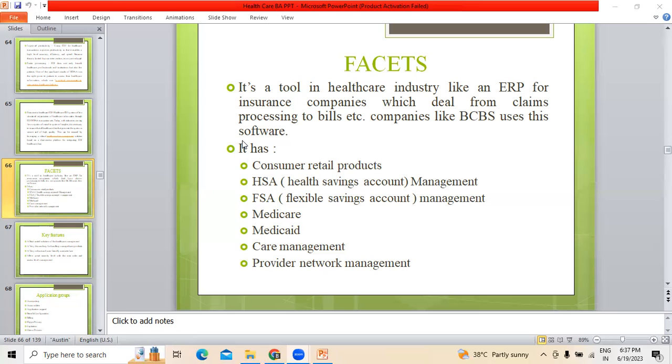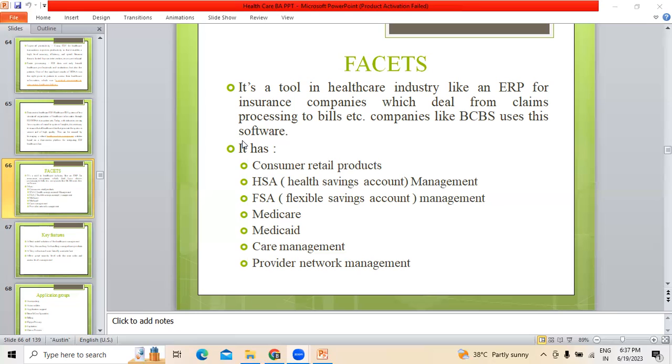QNext is an application which will be majorly used by the payer, the insurance companies, because they are the ones receiving claim requests from different providers, like healthcare providers.